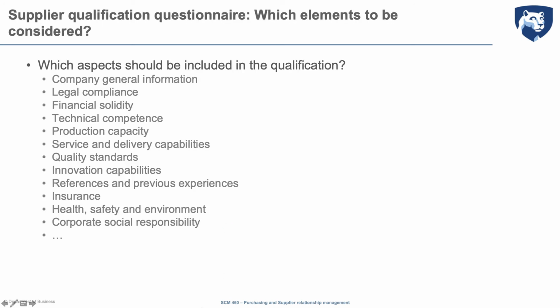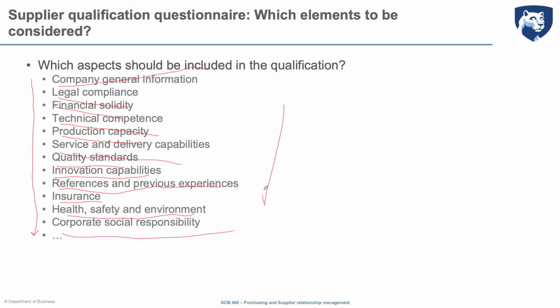Generally speaking, a supplier qualification questionnaire can be considered reliable, strong and complete if it includes some of the aspects that you see listed here. So it should cover general company information, legal compliance, financial solidity, technical competence, production capacity, service and delivery capabilities, quality standards, innovation capabilities, references and previous experience, insurance, health and safety and environment, and corporate social responsibility.